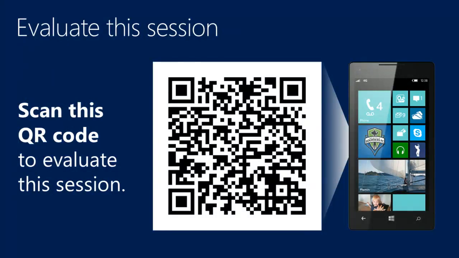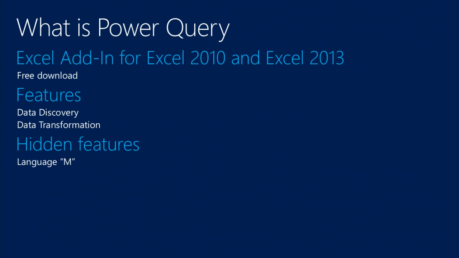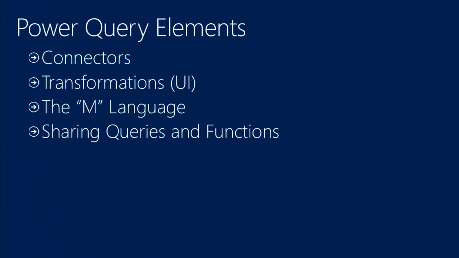It's very, very powerful, which is the M language, which is probably not something that every Excel user will use, but it could be leveraged by very advanced users in Excel to apply complex transformations. So Power Query has a user interface with several elements.